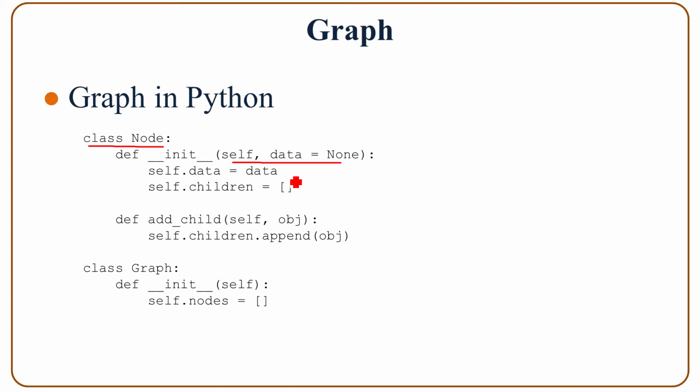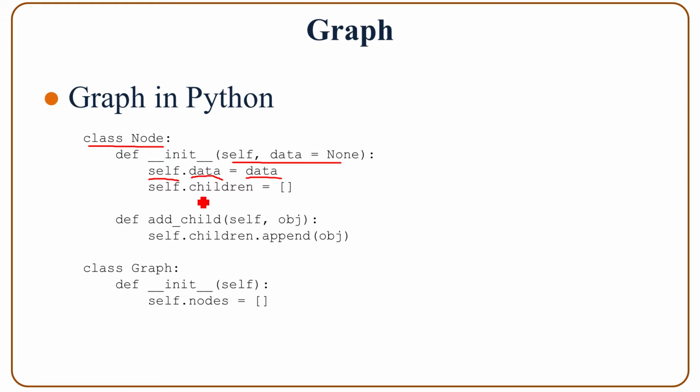Data by default is None. So if you create an object and don't pass anything to the constructor, then data by default is None. So data is stored in the variable data of the created object self.